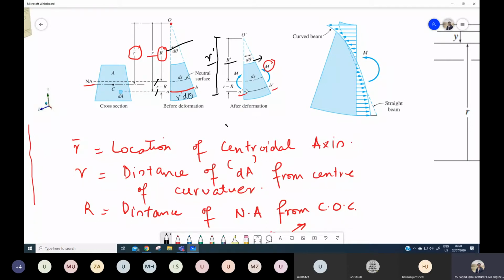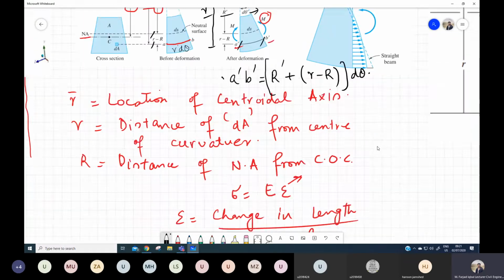So in this figure, if I want to show what should be this length A dash B dash, can I say that this length is equal to R dash plus this length, r minus capital R, into d theta? So this is the length after this section has been deformed.